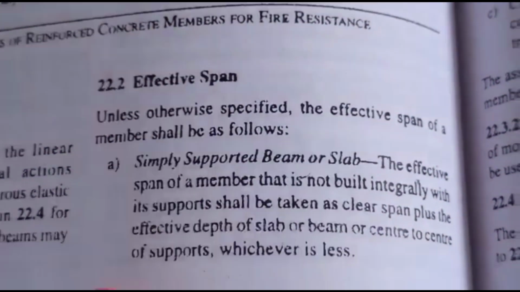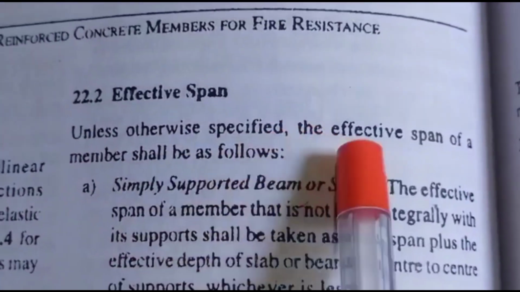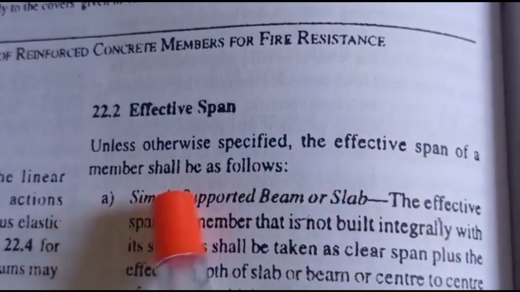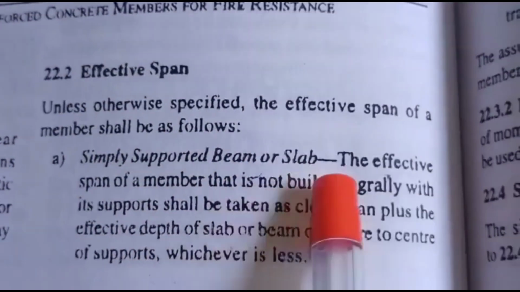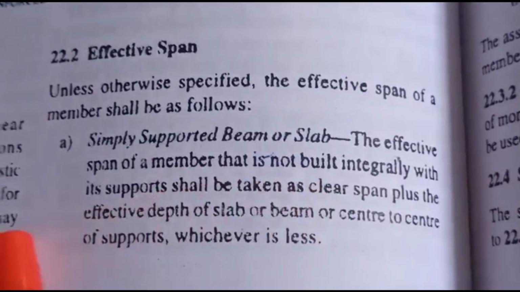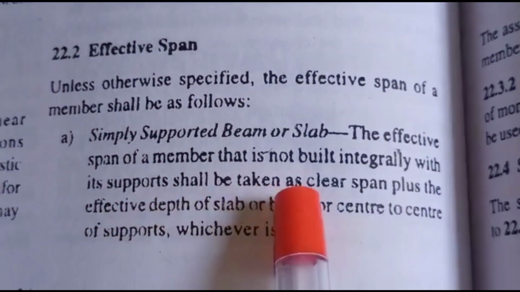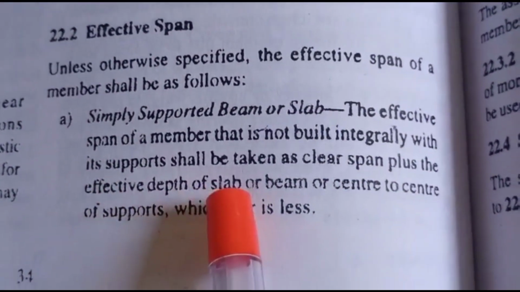So this is page number 34, effective span. Unless otherwise specified, the effective span of a member shall be as follows. For simply supported beam or slab, the effective span of a member that is not built integrally with its support shall be taken as clear span plus the effective depth of slab or beam.